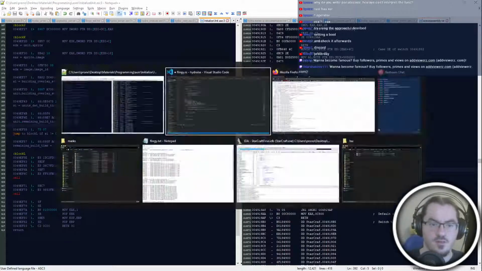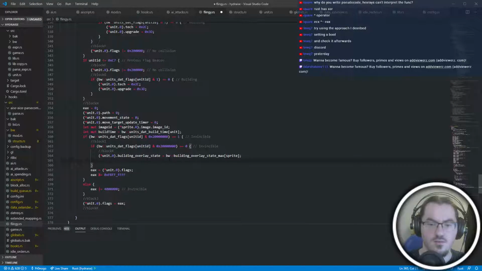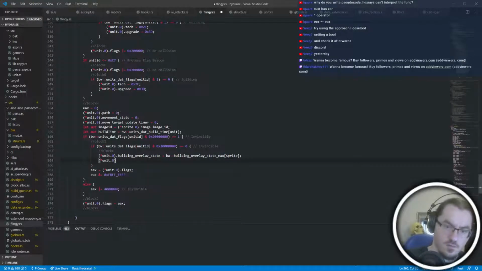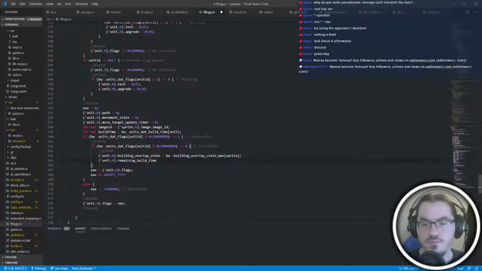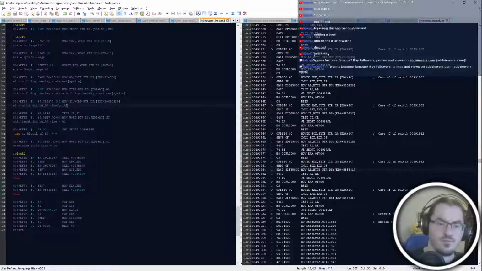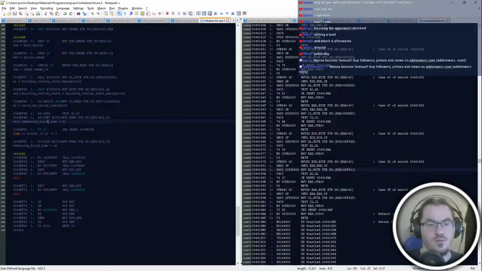So remaining build time equals SI. Remaining build time. Equals.